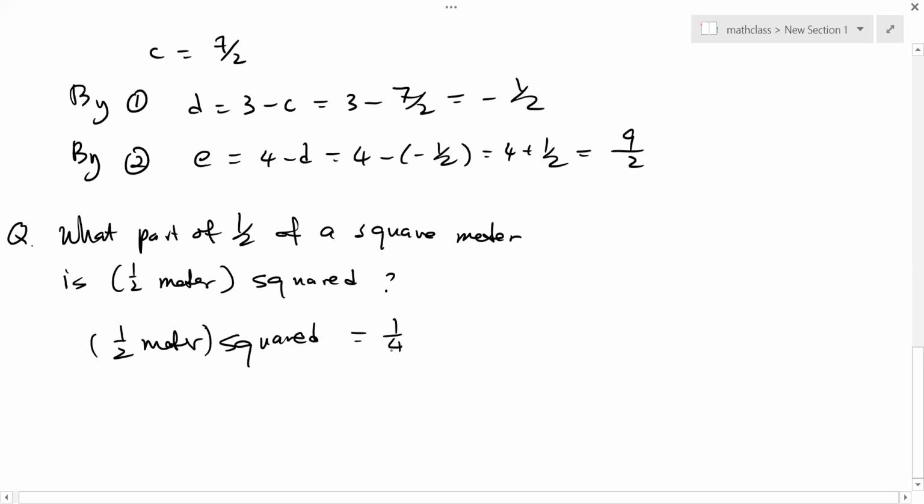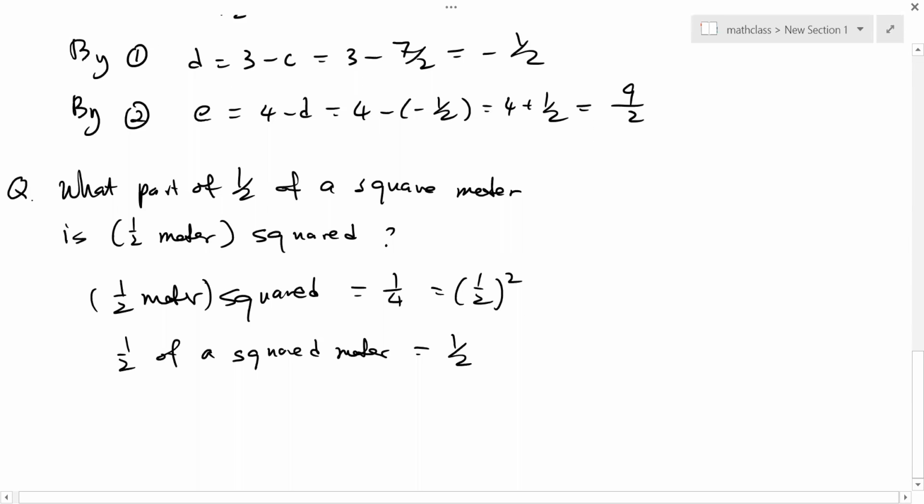Half meter squared, right? Is 1/2 squared, right? This is 1/2 squared. Then half of a square meter, right? Half of a square meter is going to be 1/2, right? So the ratio gives this answer.